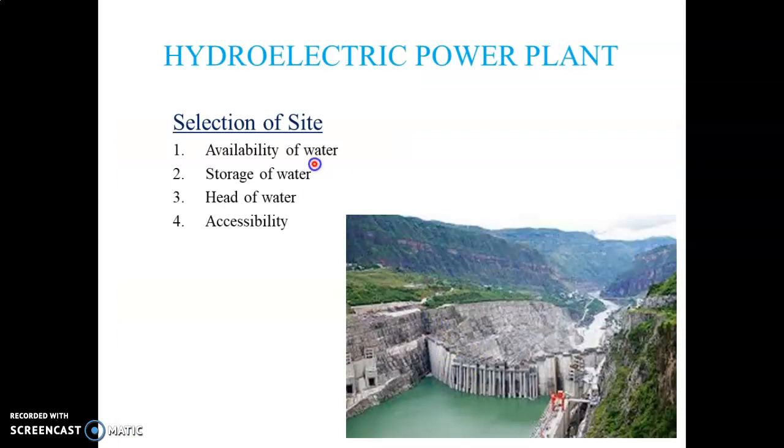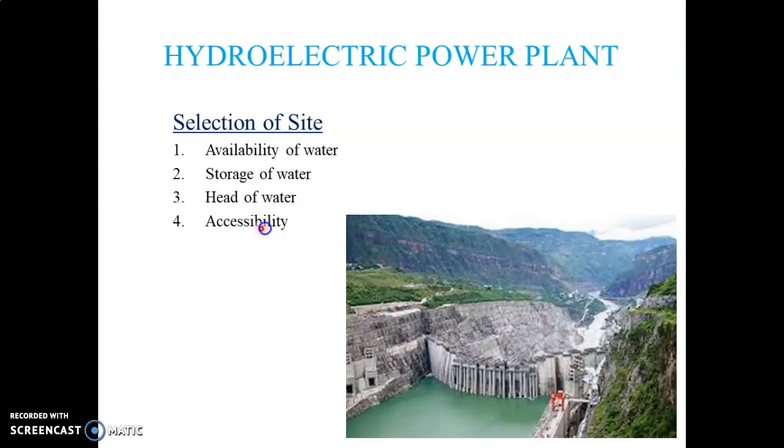Now, selection of site for a hydroelectric power plant. The main thing is availability of water, then storage of water. We need enough storage capacity, or enough catchment area. Then head of the water, then accessibility or transportation facilities.